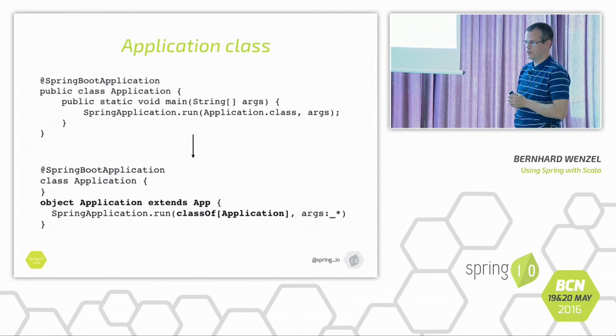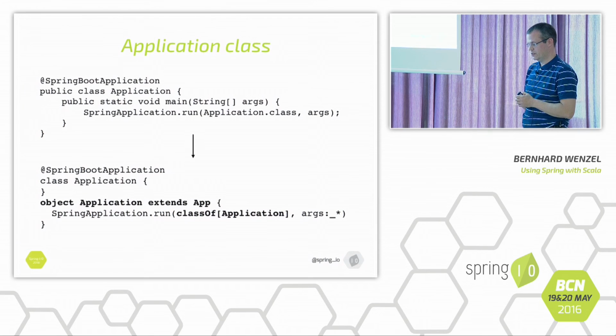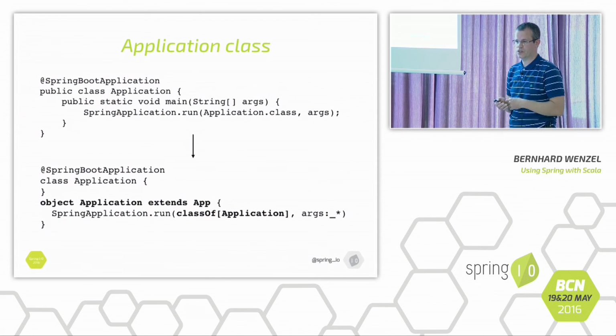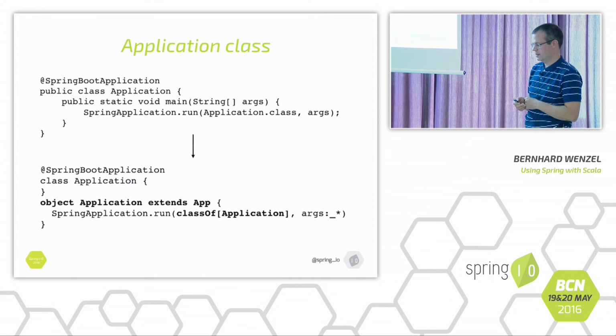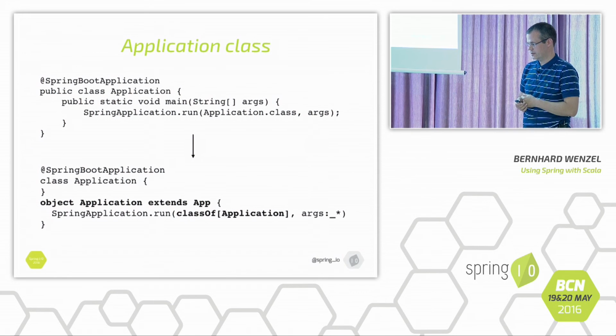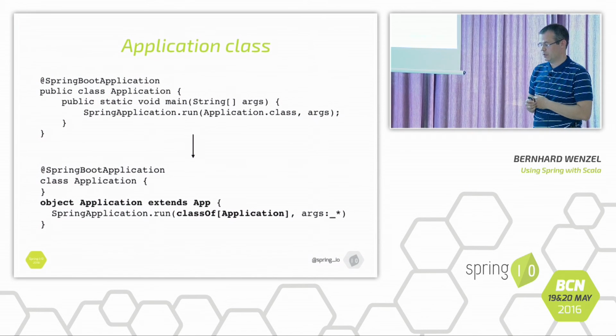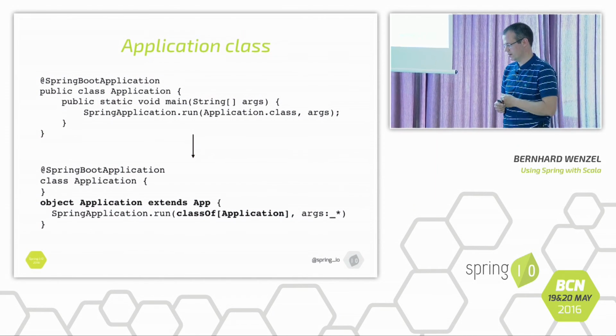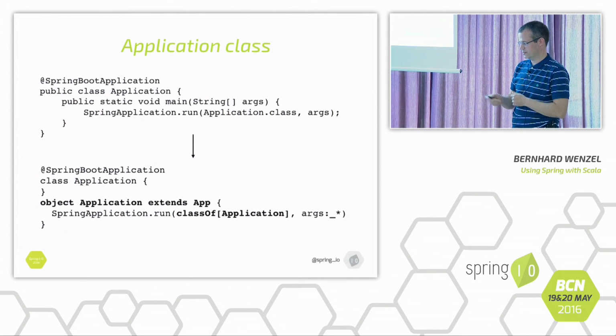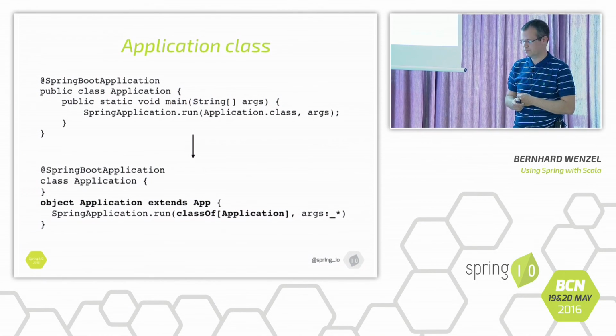Now in Scala, you don't have static methods, but you have an object next to a class. So that's what we need to do. Our class gets our Spring Boot application annotation. Except for one exception, you can use Java annotations in Scala just as you would in Java. And in the application object, we extend the App trait, which provides us the arguments automatically.